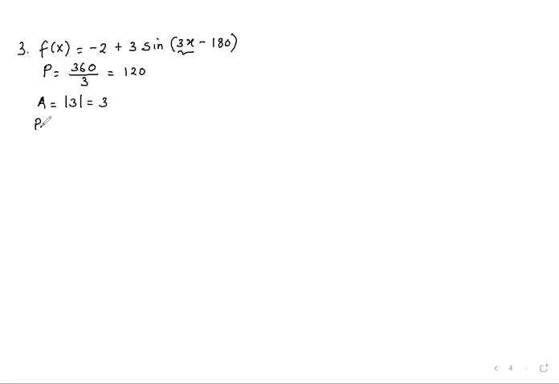And then the first shift, that's the 3x minus 180 is 0. So we get x is equal to 180 over 3. So that's 60. The vertical shift is equal to -2. And then the scale is 120 divided by 4. That is 30. Then we sketch.